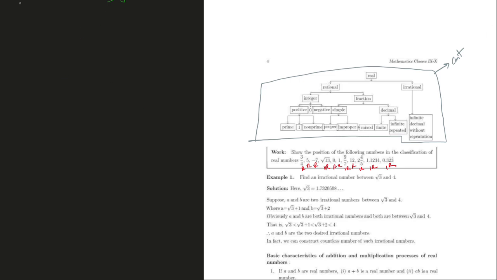First, on top, we have the real numbers. Then we go to rational numbers, and then we get irrational numbers.